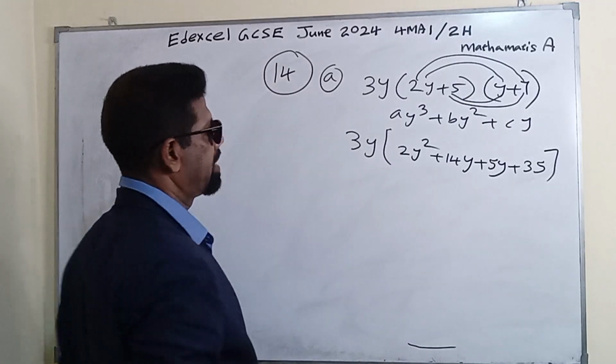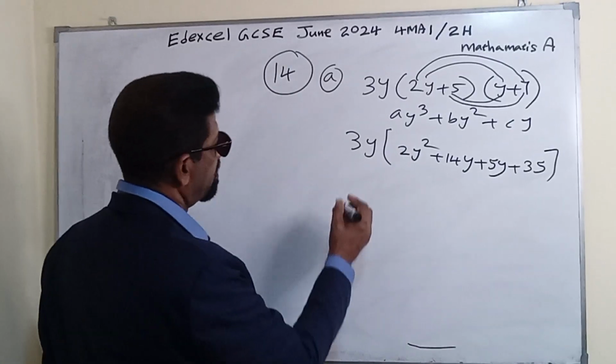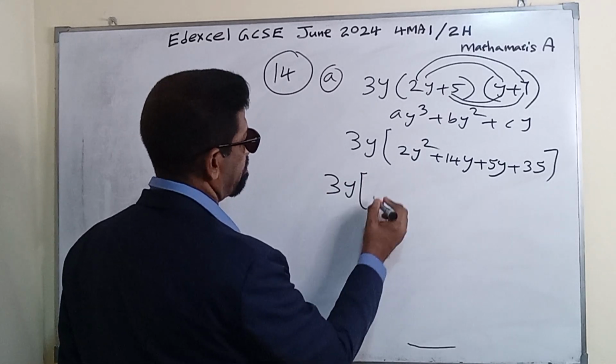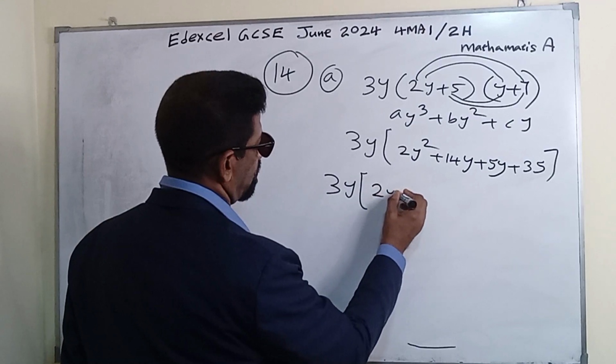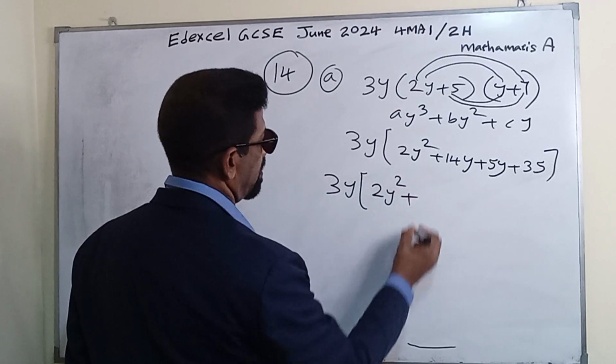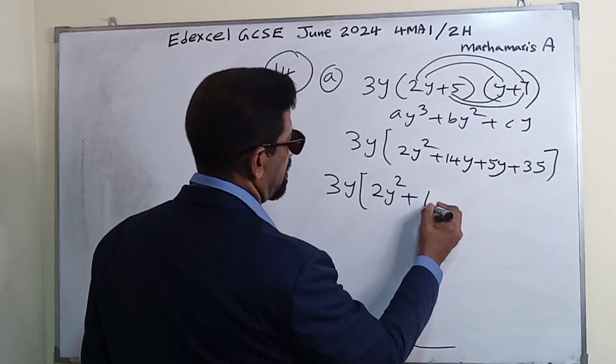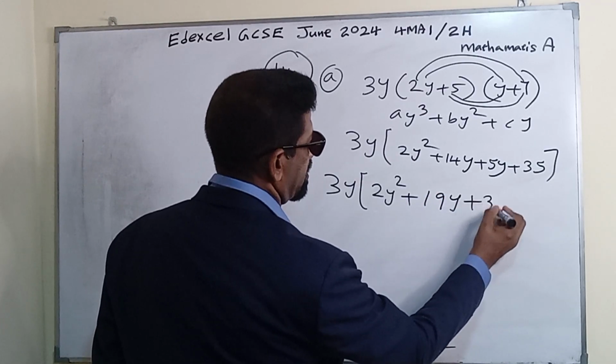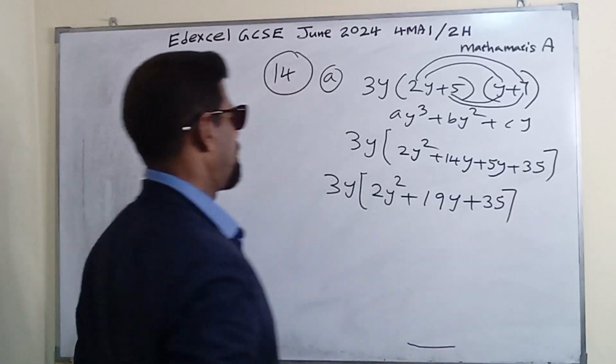Then you simplify the like terms. So 3y, 2y to the power of 2 plus 19y plus 35.